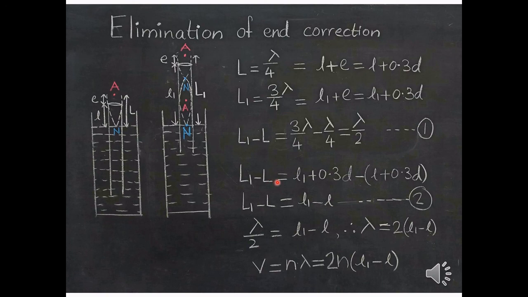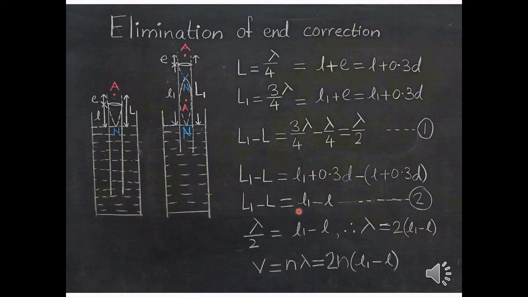L1 minus L is also equal to small l1 plus 0.3D minus the bracket of small l plus 0.3D. If you solve the bracket, both the terms will become negative. So solving this, we get capital L1 minus capital L is equal to small l1 minus small l, as 0.3D gets cancelled here. We'll call it equation number 2.